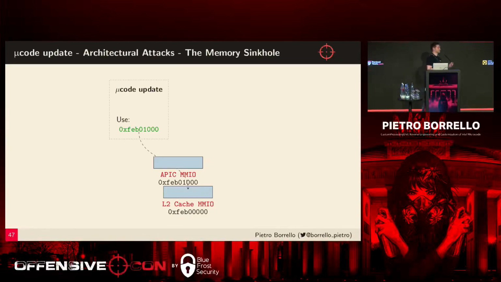The APIC MMIO region is a very restricted area, and there are a lot of rules on how you can access it. The behavior varies per CPU, I would say. On some CPUs, if you do that, you will be able, for example, to leak a few bytes of data that are writable in the MMIO region, and the CPU will just write on that, thinking it's secure memory, so you will be able to leak a few bytes of the microcode update algorithm.